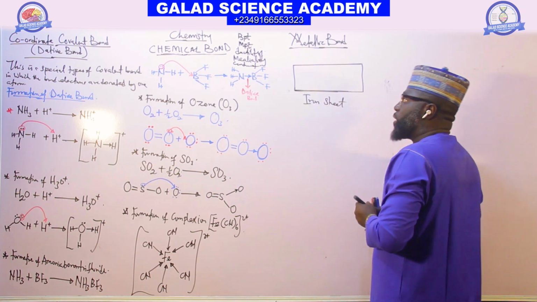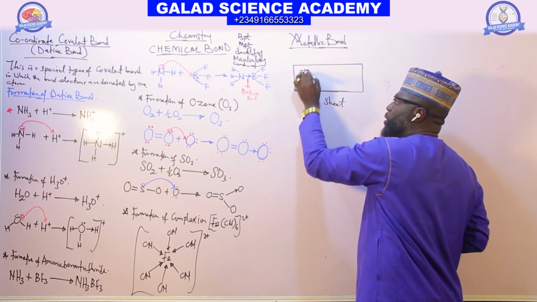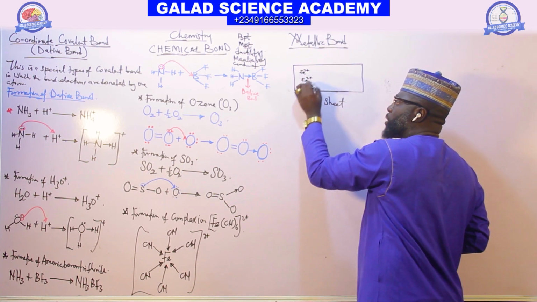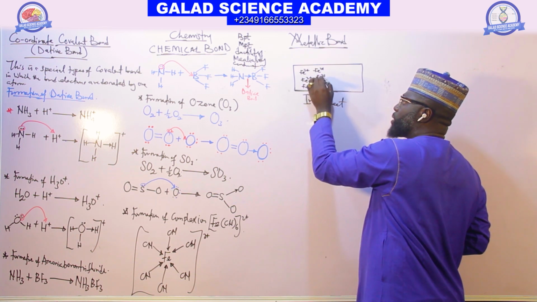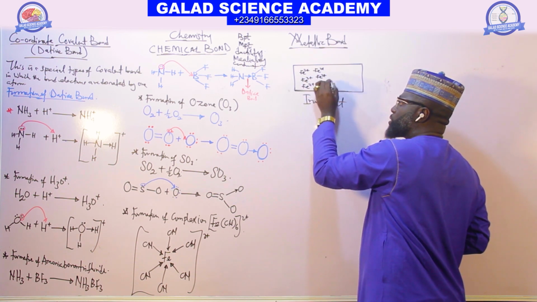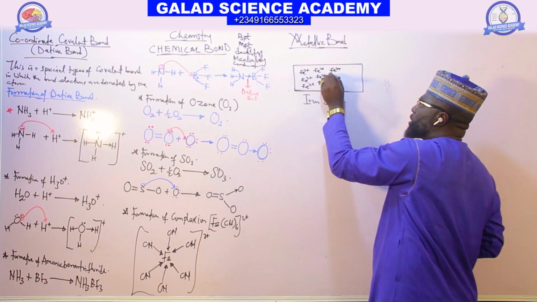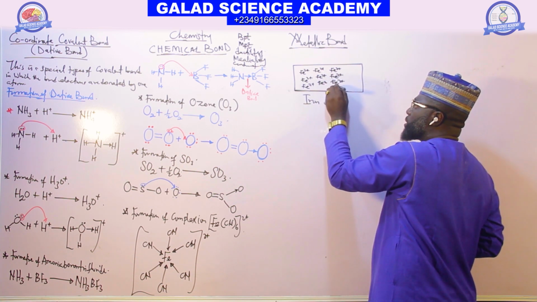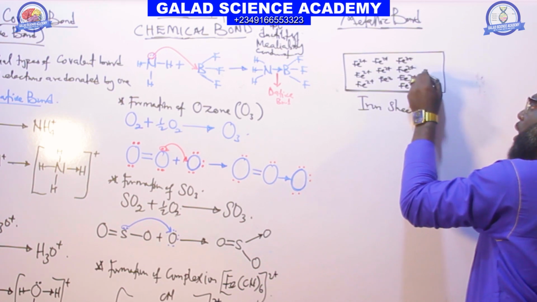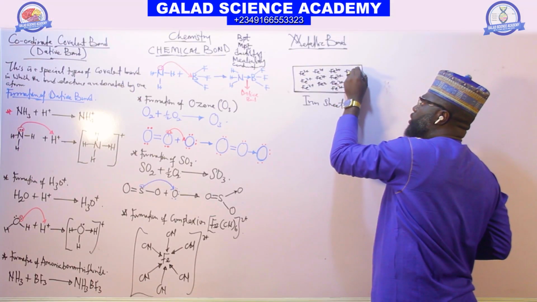So this roofing sheet now, we all know that automatically it will contain iron, iron, iron, iron 2 plus, iron 2 plus.